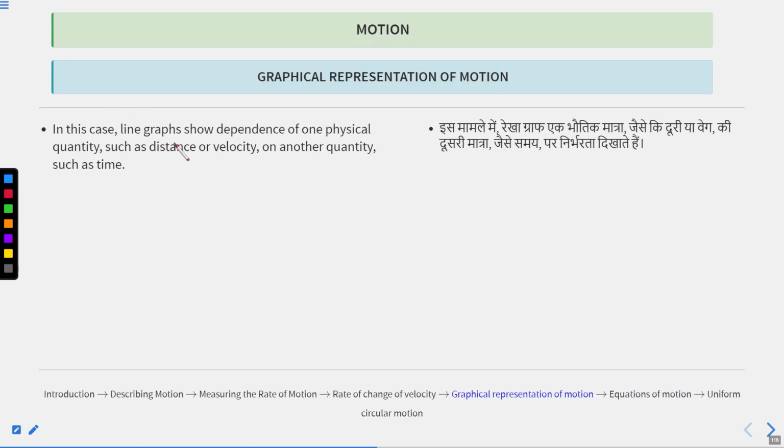In these cases, line graphs show the dependency of one physical quantity such as distance or velocity on another quantity such as time. Let's suppose we are trying to make a graph of time versus distance. 1 second, 2 seconds, 3 seconds.